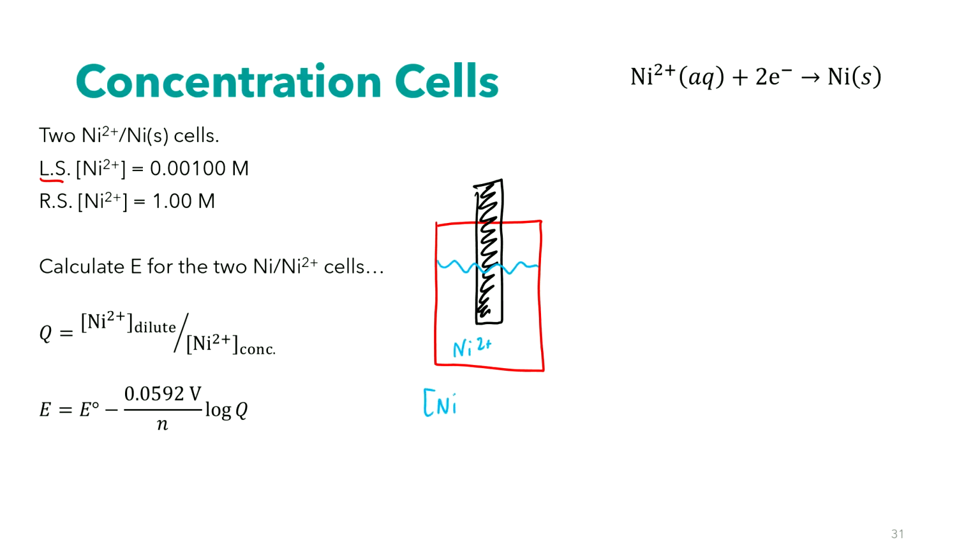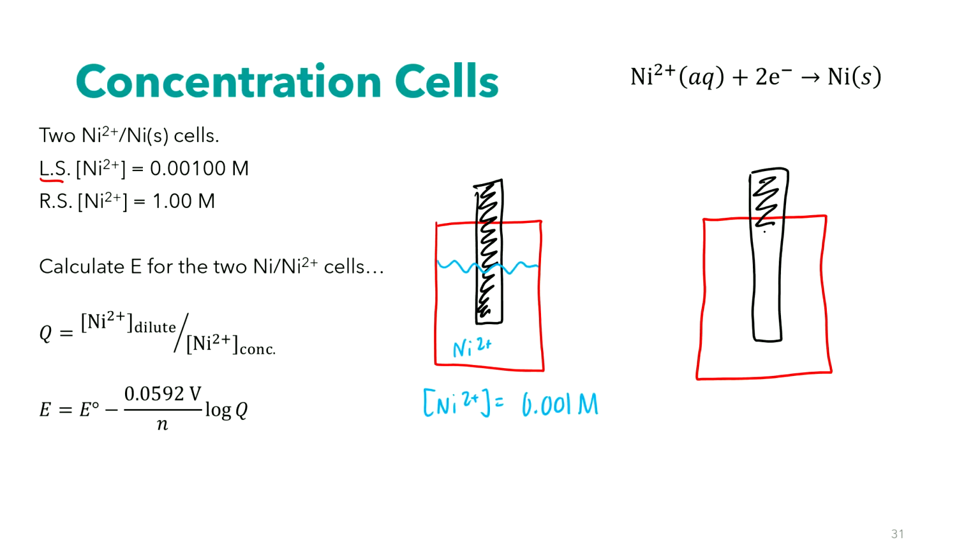On this side, my nickel 2+ is 0.001 molar. On the other side, we have the same exact setup, and these electrodes in my pictures are in fact made out of solid nickel. And again, we'll make it darker over here. We have a higher concentration of nickel 2+ over here.